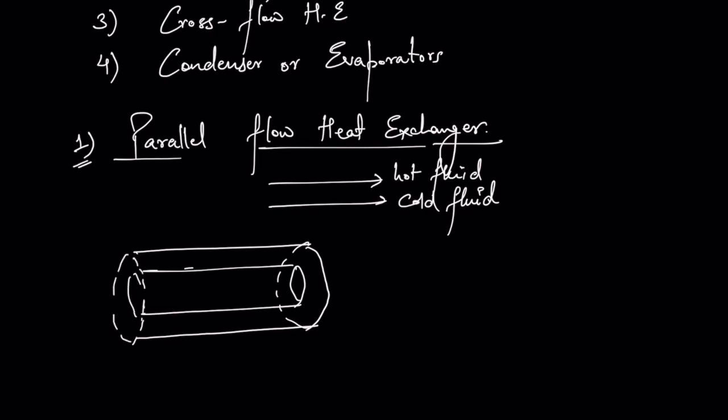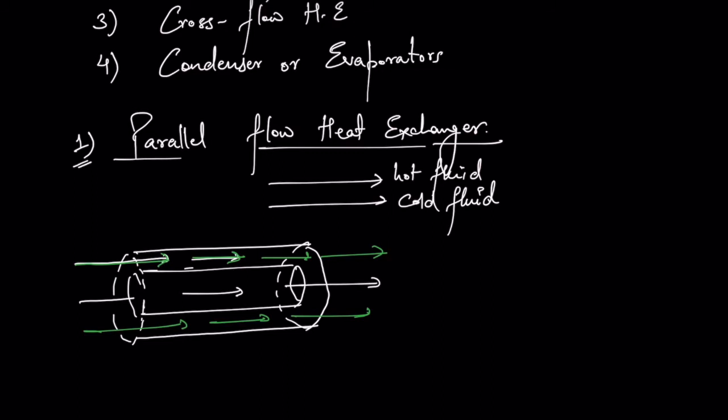Suppose this is a double pipe heat exchanger and one fluid is flowing inside the inner pipe, and another fluid is flowing in the annular space between the two pipes. This is the second fluid. Both fluids are in the same direction, so we call it a parallel flow heat exchanger. And this is the straight pipe.